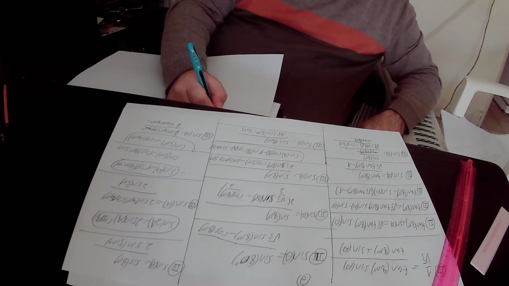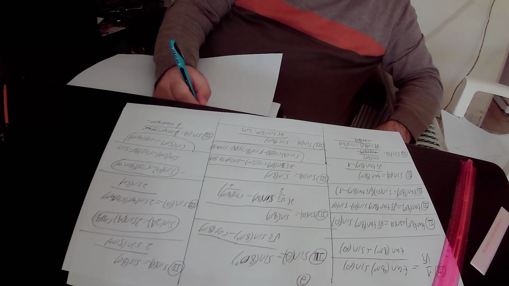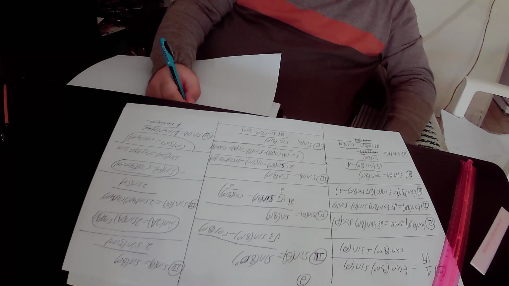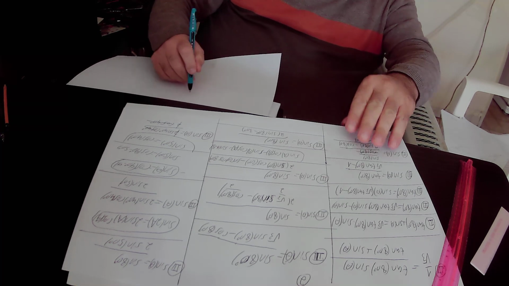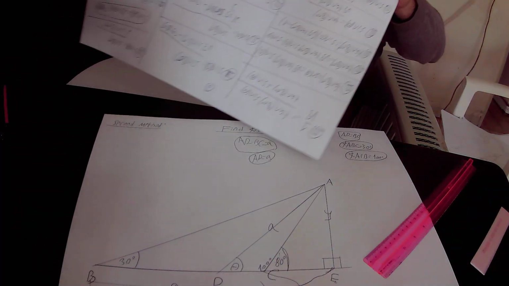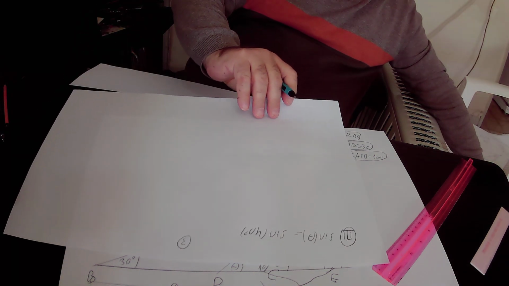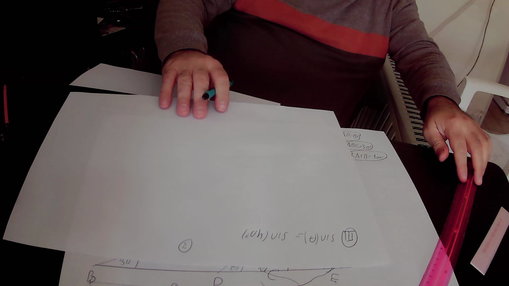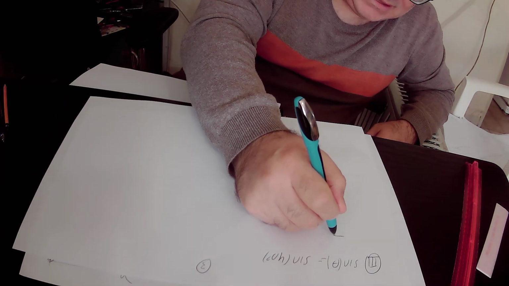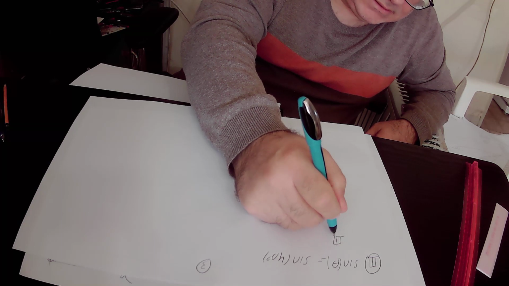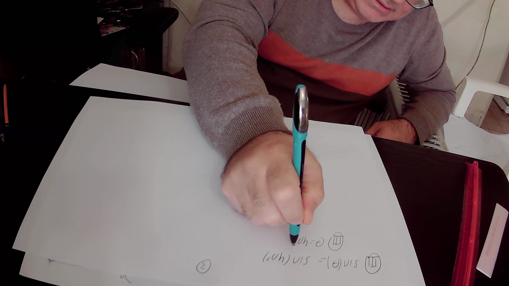Sine theta equals sine 40 degrees. I repeat again, according to equation number 3, we found out that sine theta equals sine 40 degrees. That is to say, theta equals 40 degrees.